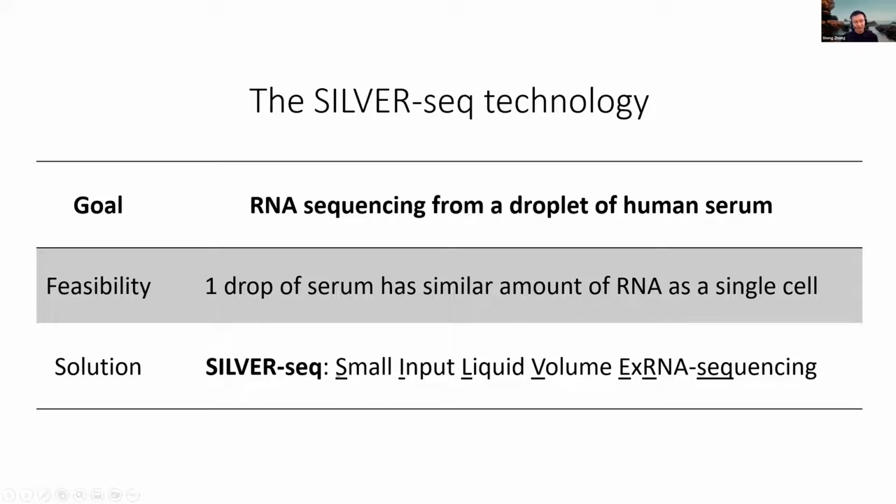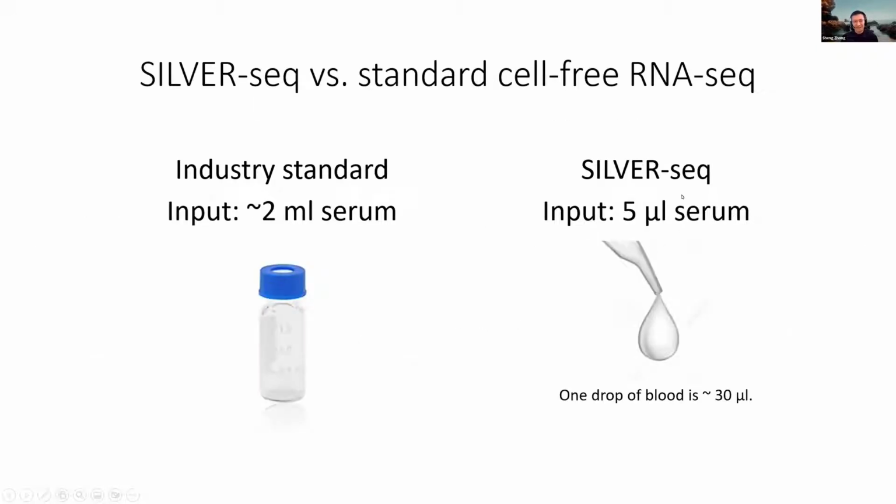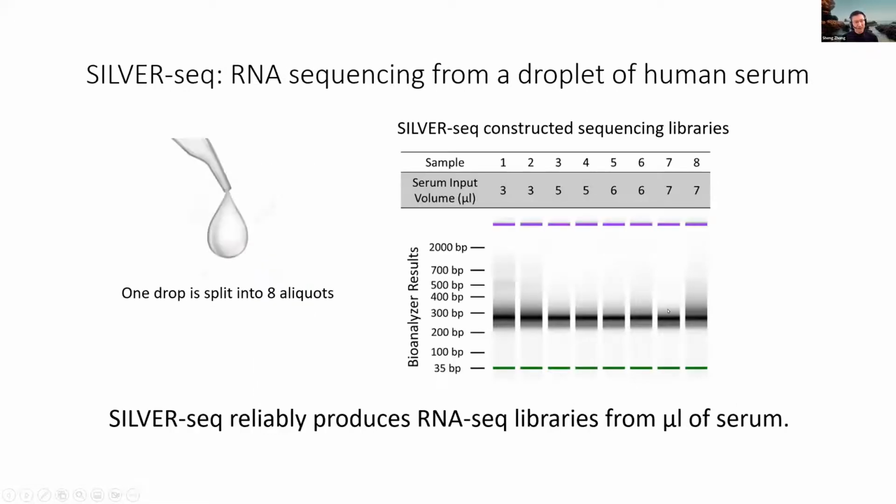So we delivered this technology to the community, which we call small input liquid volume extracellular RNA sequencing, SilverSeq in short. What SilverSeq does is that it only requires an input of 5 microliters of serum. That is only about 1/7 of a drop of blood. So here is an example that I wanted to show to demonstrate the quality of the RNA sequencing library.